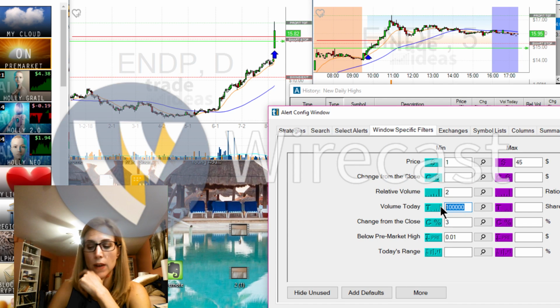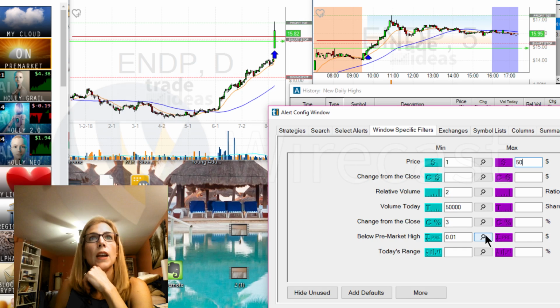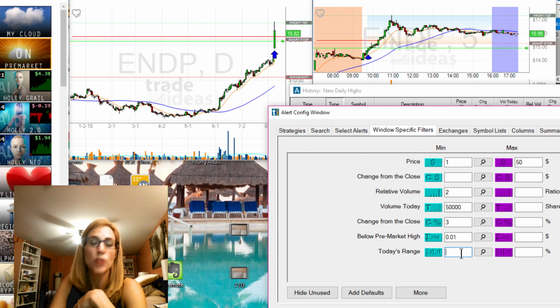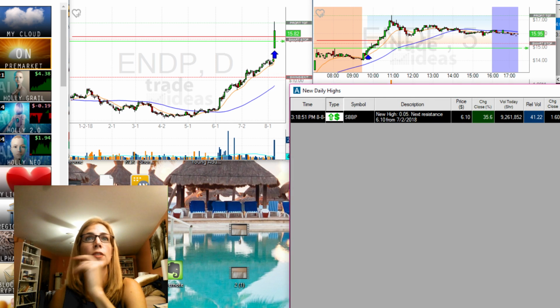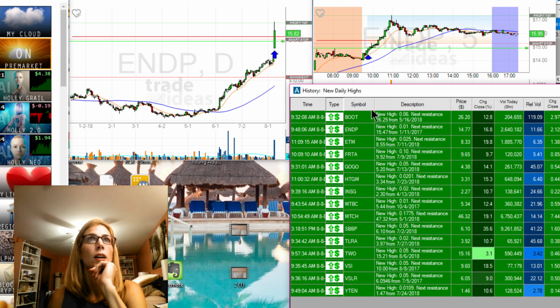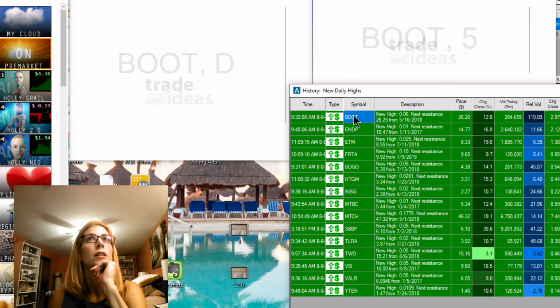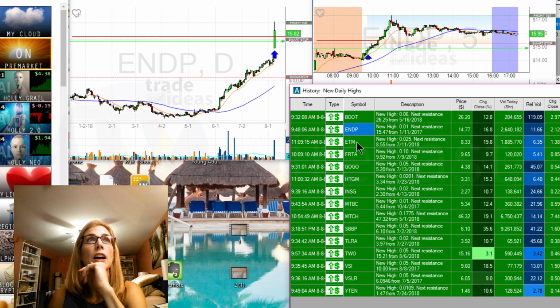Yeah, I could put volume 500,000. And we'll put it to 50. And in today's range, we want a minimum of, we'll try 75% of the day's range. We want it in that upper 75%. So we pull back for today. All right. So these are ones that are closing and they're ending up fairly high.